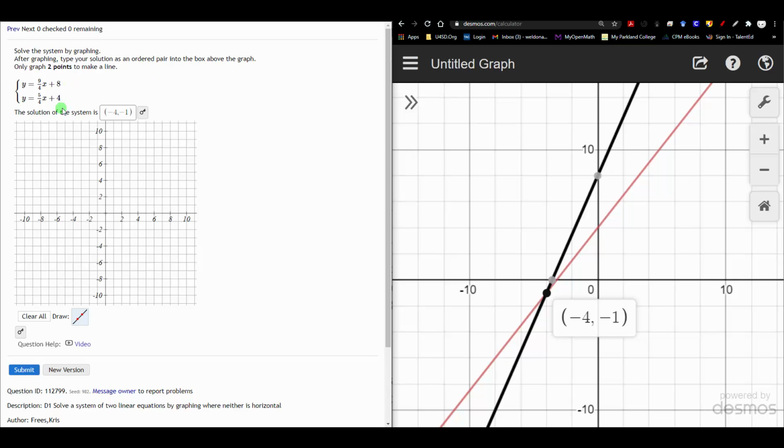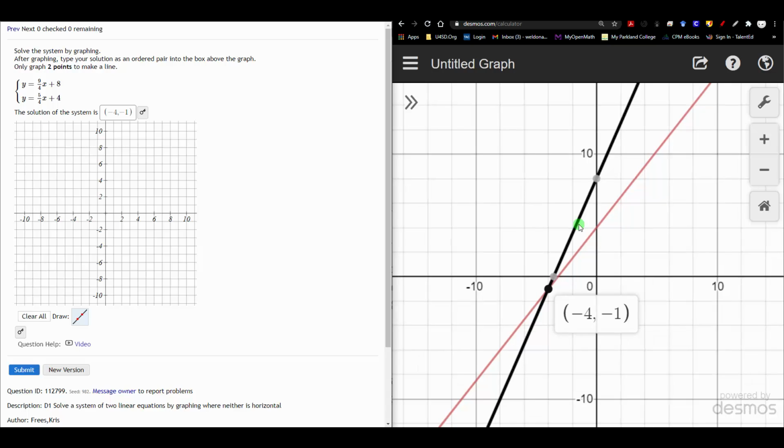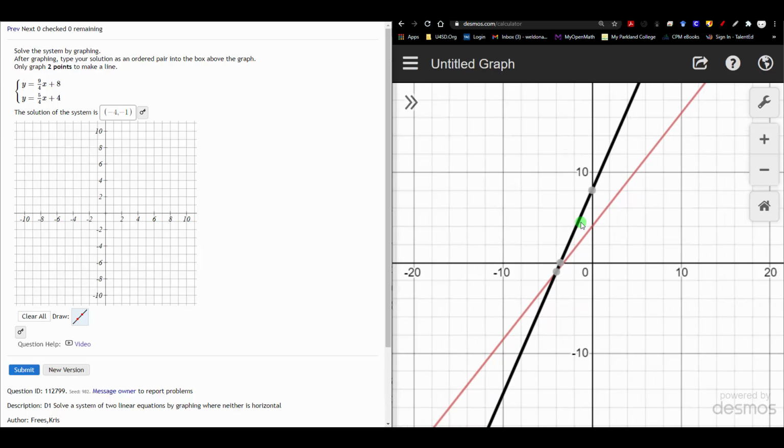Okay, so now we just got to get these lines graphed. So the line tool is down here. It should be automatically selected because there's only lines in this equation. All right, and just like the previous ones, we need to get 2 points that are on each line. Okay, so there's going to be 2 lines that we got to graph. So I'm going to start with the black line. So we have a point at 0, 8. So I'm going to click on 0, 8. And then we need to get a second point.